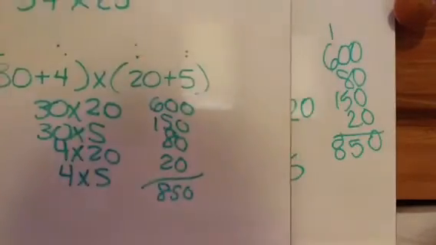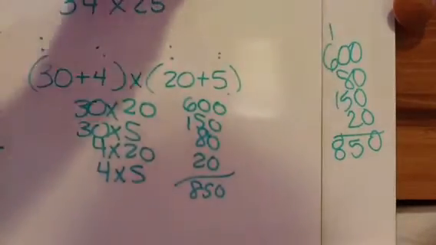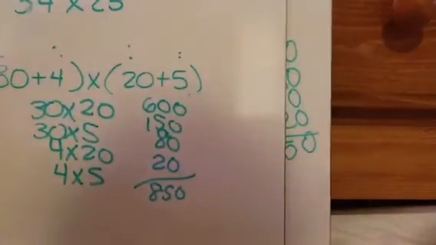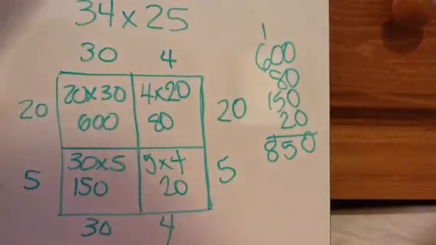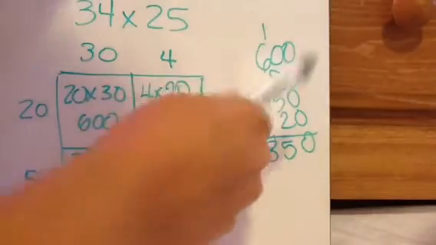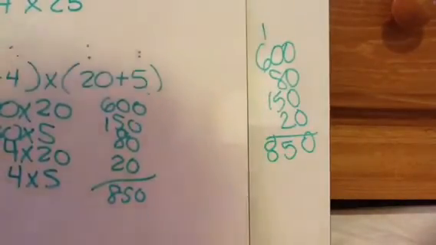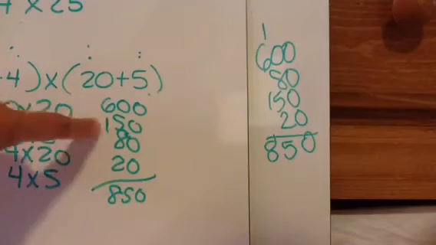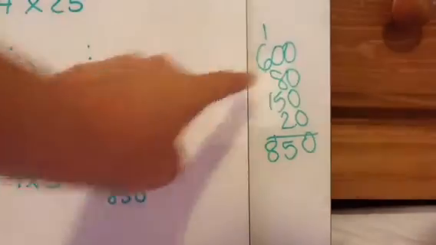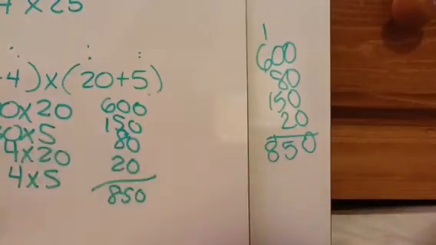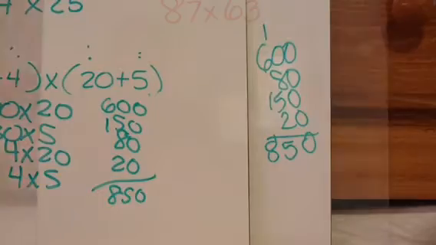And if you notice, this is what we did with partial products, 600, 80, 150, 20. And when I do distributive property, 600, 150, 80, 20. I got the exact same numbers and the same answer. So these both are very similar. One involves boxes, one involves parentheses.